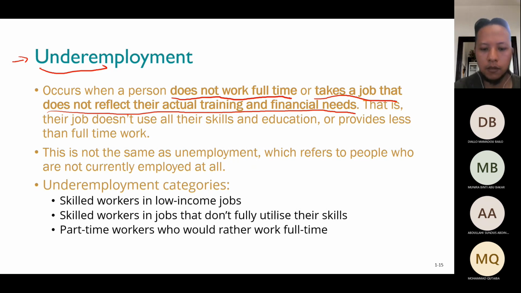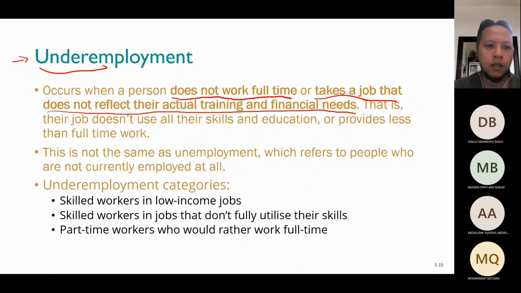He is trained as an engineer. The skills that he has are as an engineer. He has a degree in engineering. However, he works in a job that does not require his skills and training. So although he is categorized as employed, this is basically considered as underemployed.